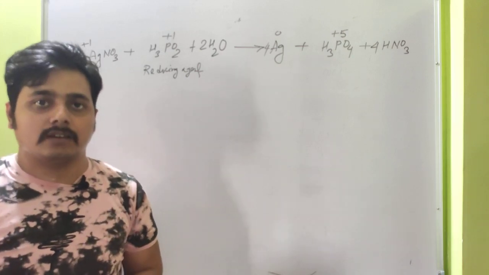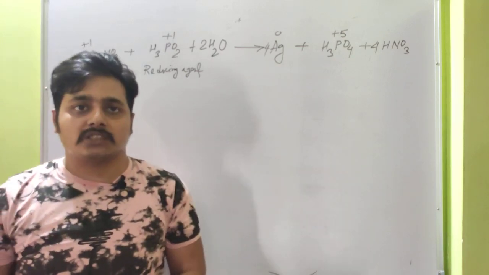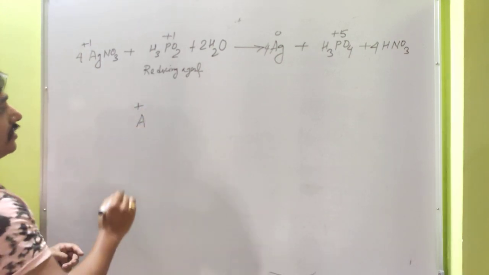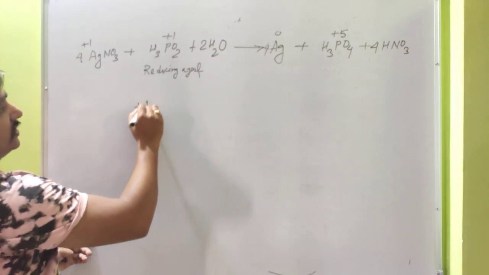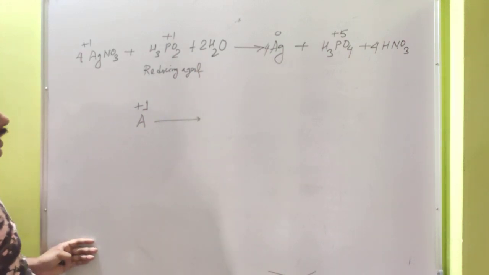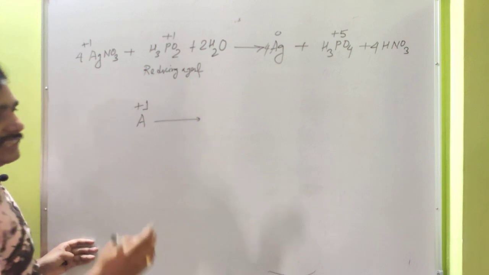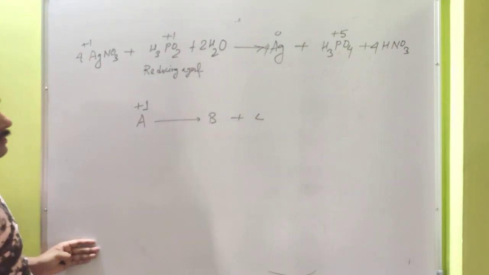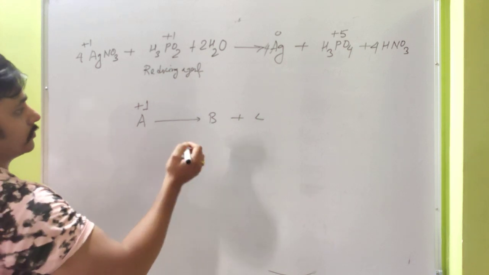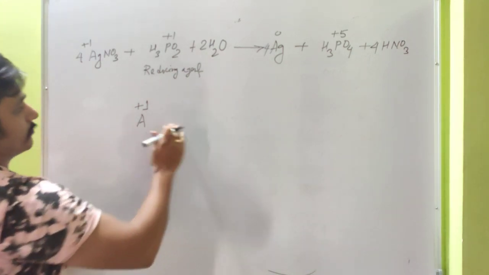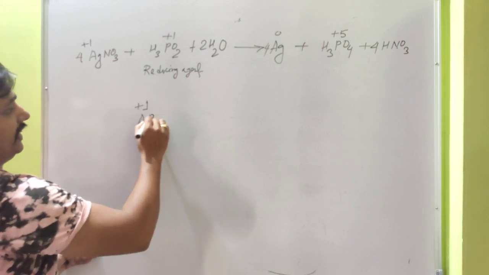disproportionation reaction. What do we mean by disproportionation reaction? Suppose an element A is in suppose +1 oxidation state. After reaction, suppose it gives 2 products B and C. In B, suppose the compound is AB3.